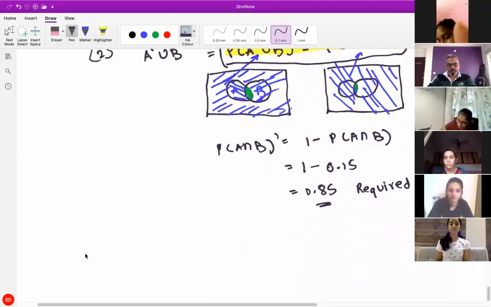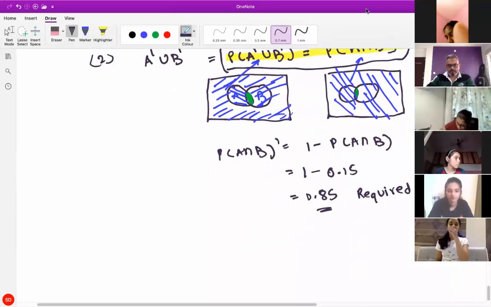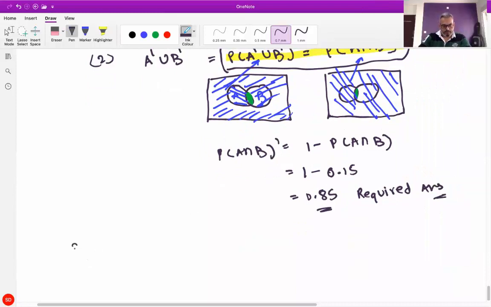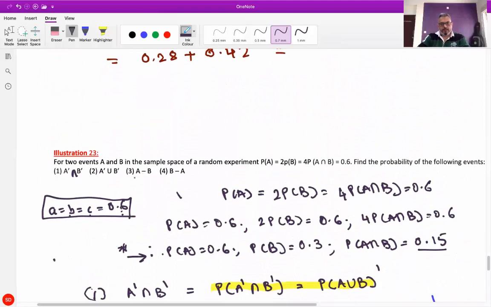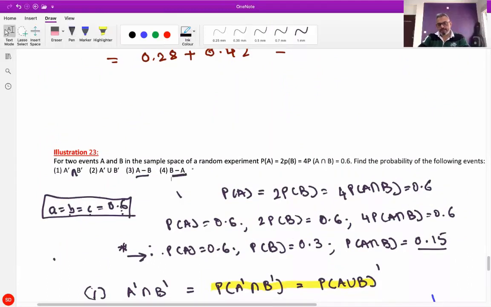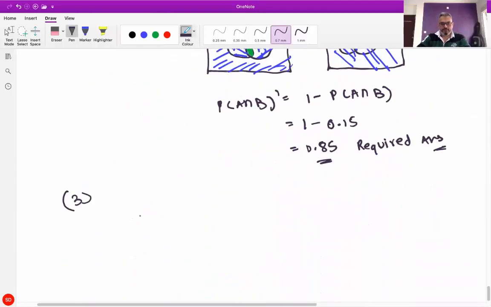Now let's go to the third one. Third one is A minus B and B minus A. So now this is very simple.